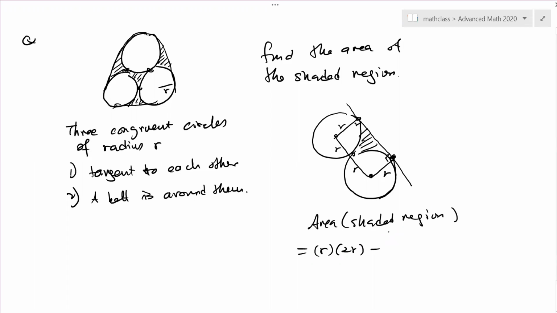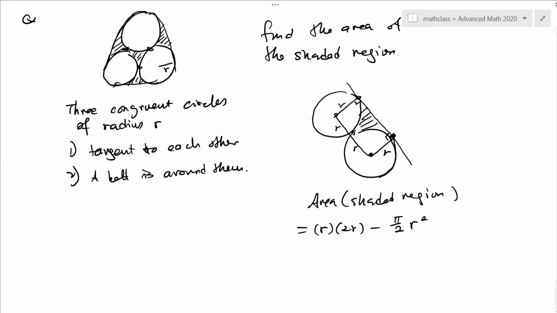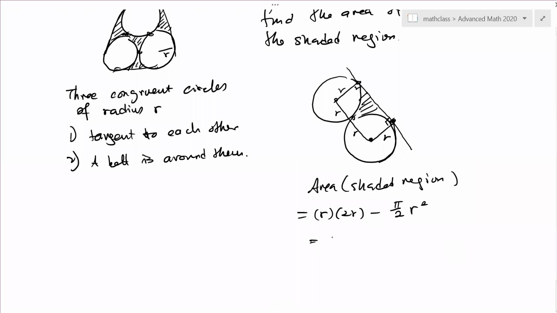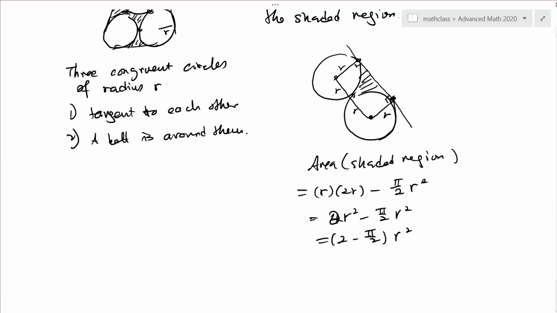But those quarter circles also form a semicircle. So it's pi over 2 times R squared. That's it. This is going to be 2R squared minus pi over 2 R squared. You can take it out. The final answer will be to add them together. I'm not going to do that.